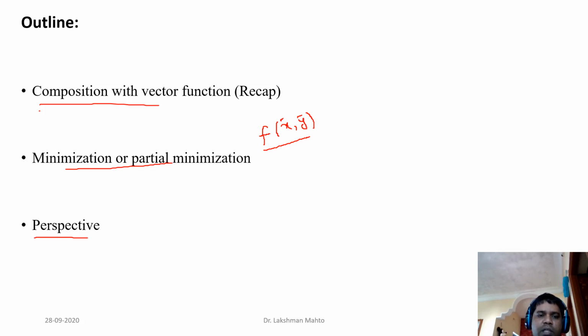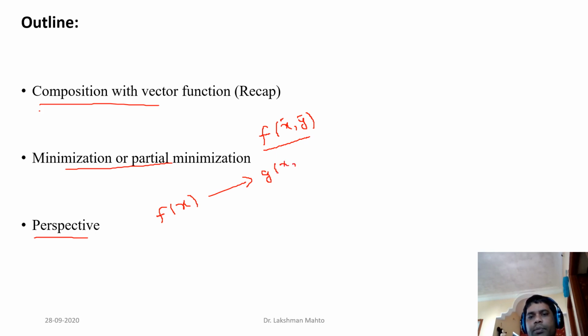What does it mean? If you have a function f, and suppose the function is a convex function, and you define a perspective of this function, then this function is transformed to a new function g of (x, t). It is something like in the epigraph, which you have already seen.